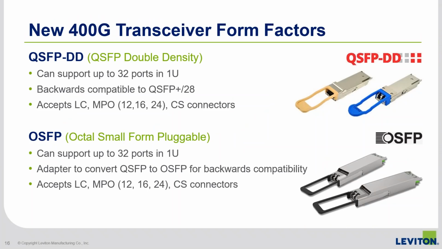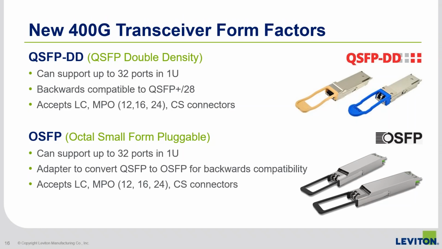If we look at the new 400 gig transceiver form factors, this is a summary. The first one I mentioned is QSFP double D. The QSFP, just like it has before, stands for quad small form pluggable, double density. This can support up to 32 ports in 1U. It is backwards compatible to the Plus and the 28, and it will accept various different connectors: LCs, MPOs, and another, the CS connector.